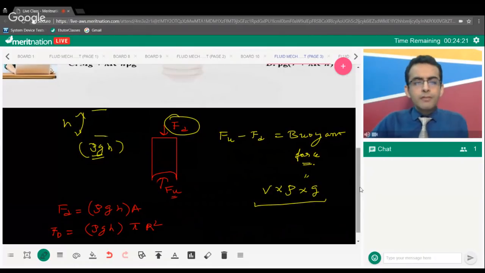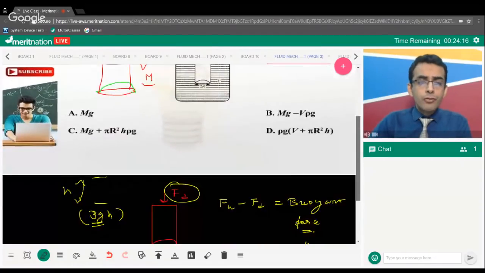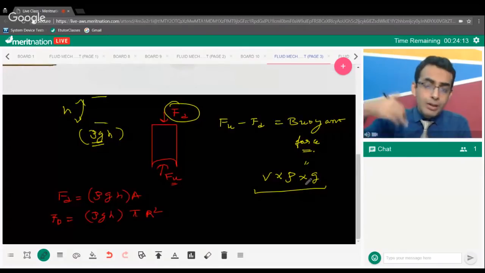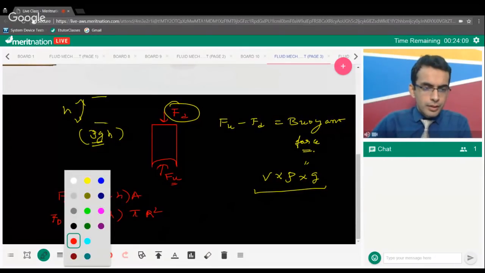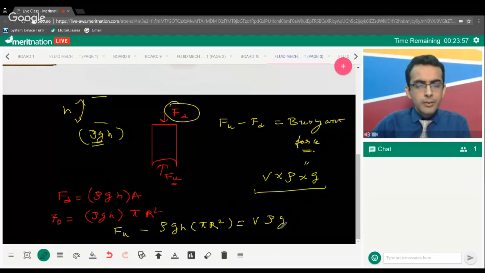So buoyant force is equal to Fu minus Fd. We have to find the force applied at the bottom in upward direction. So Fu minus rho gh multiplied by pi R square is equal to V rho g.